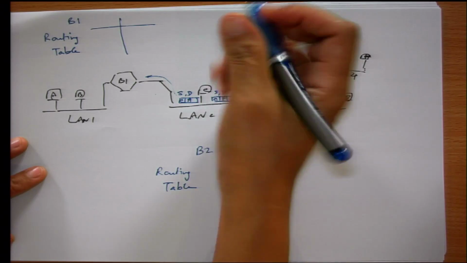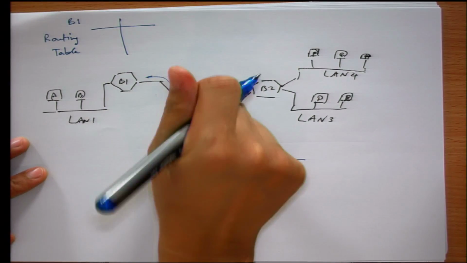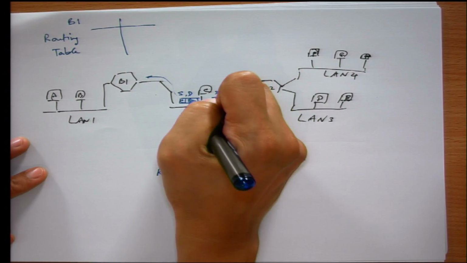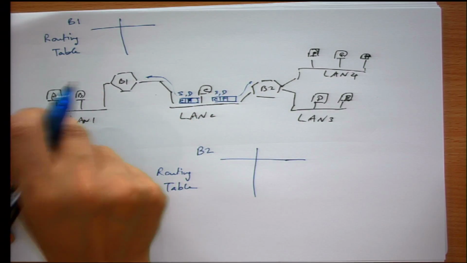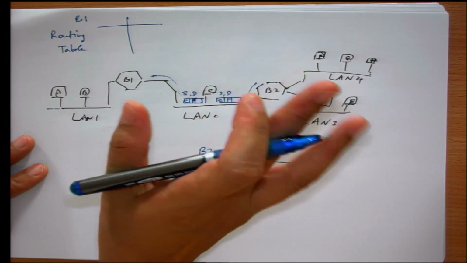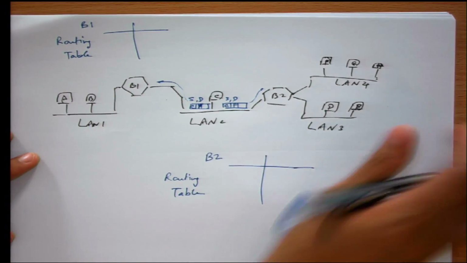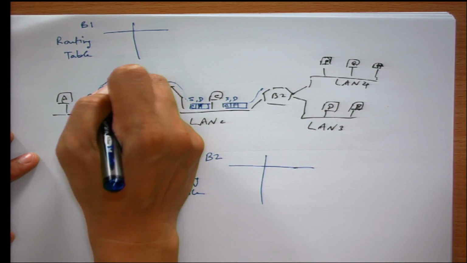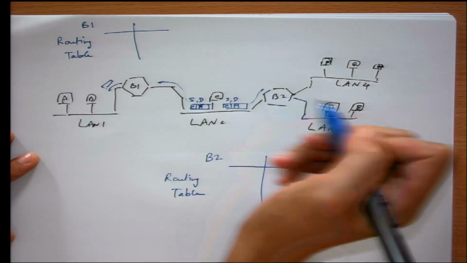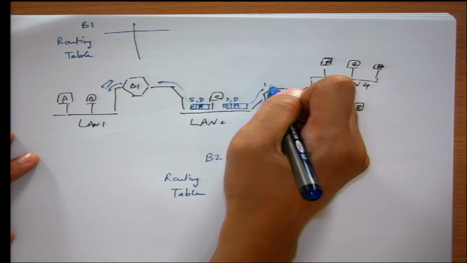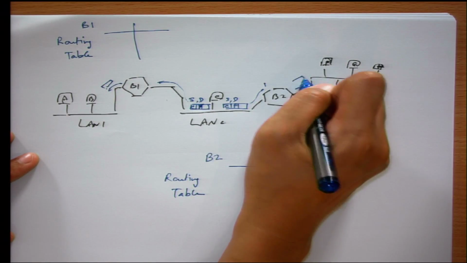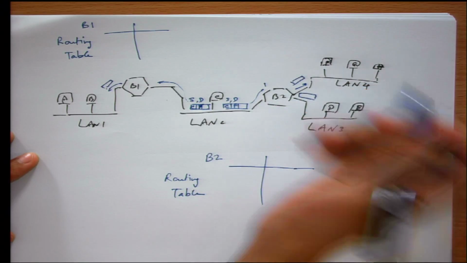So when bridge 1 sees this, even though F is not in this LAN, at first it doesn't have anything in the routing table, so it has to use flooding. So you just send out to this LAN, and this one also sends out to this and to this LAN.